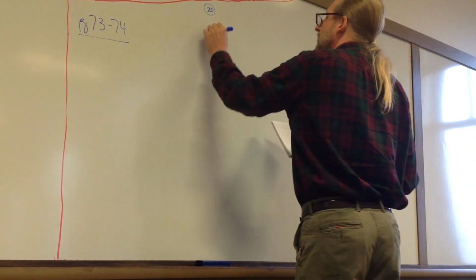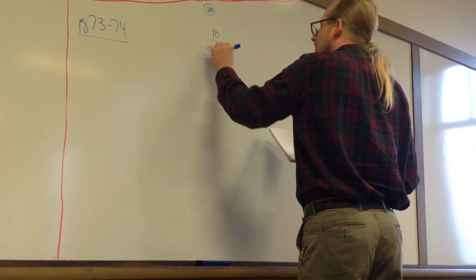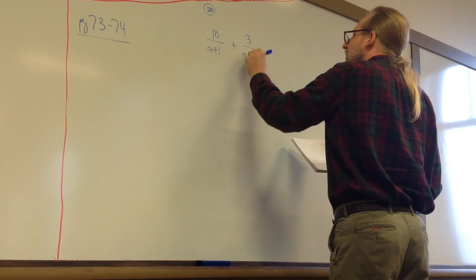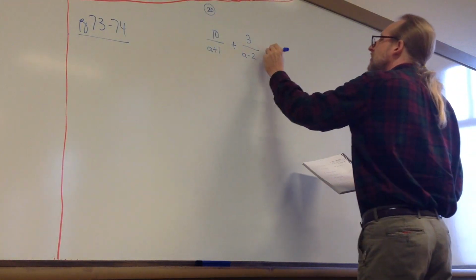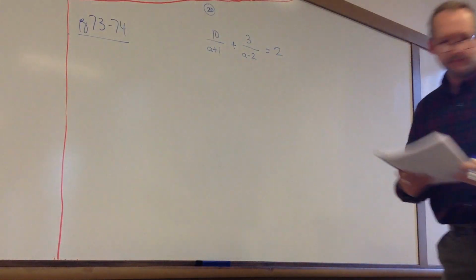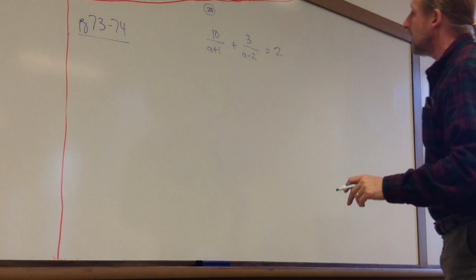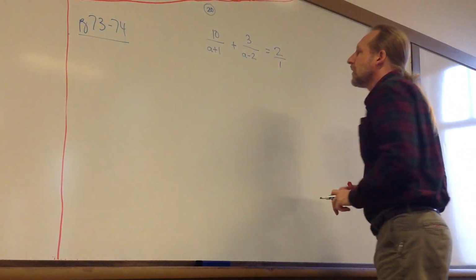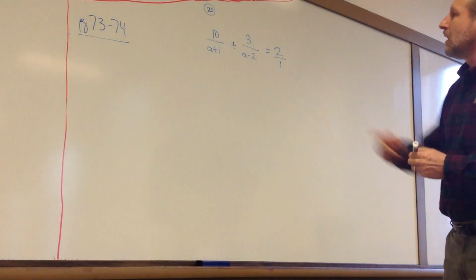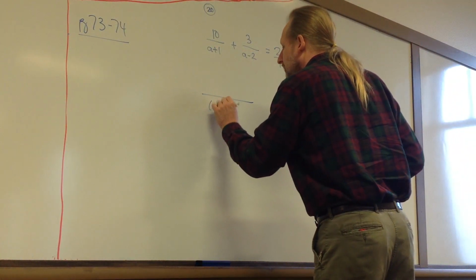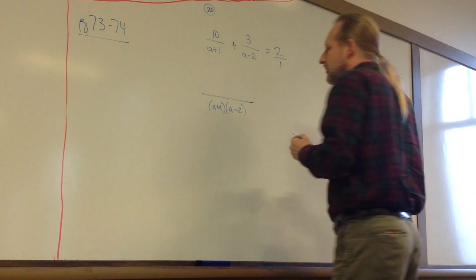We start out with 10 over a plus 1 plus 3 over a minus 2 equals 2. All right, so we're going to do the same thing as we did on that last problem. We're going to just call that 2 over 1. Over here, we're going to make a common denominator, a plus 1 times a minus 2.